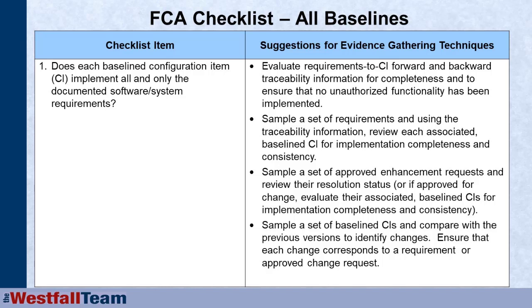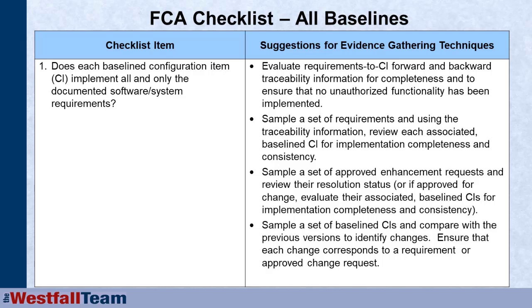So you can look at the traceability matrix, or if you're using some kind of requirements management tool, you can look at the hyperlinks on a sampling basis to ensure that no unauthorized functionality has been implemented. You don't have configuration items that don't trace back to requirements, and that you've done all of the features and functions that every requirement traces forward to the appropriate configuration items. So that's probably the least rigorous. Just check on a sampling basis the traceability.